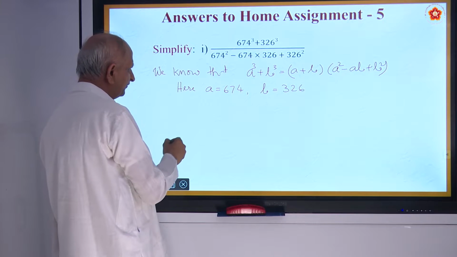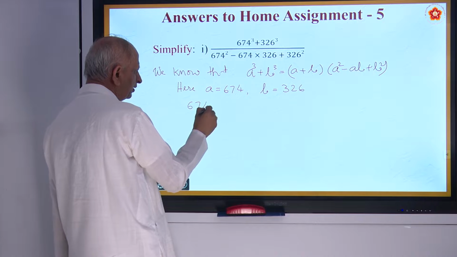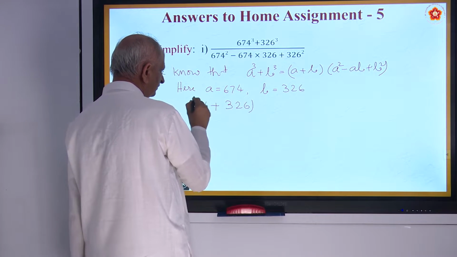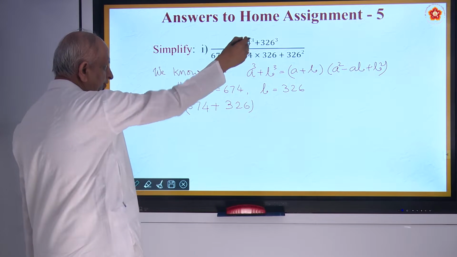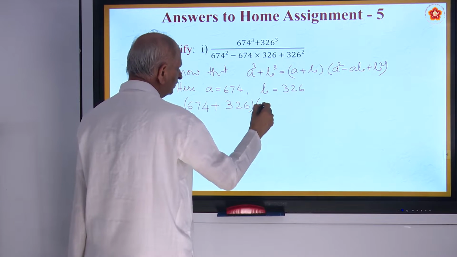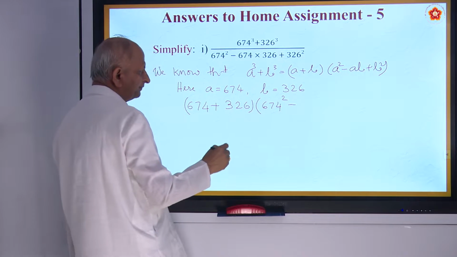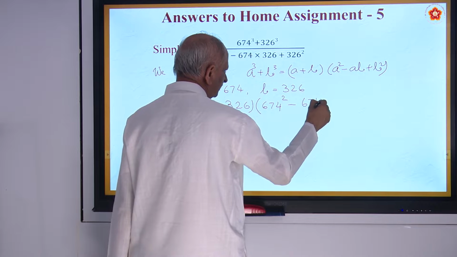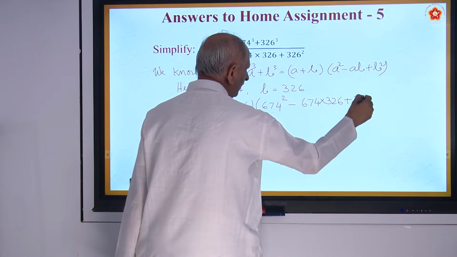So now apply the formula here. 674 plus 326, that is a plus b, for the numerator, into 674 square minus 674 into 326 plus 326 square.